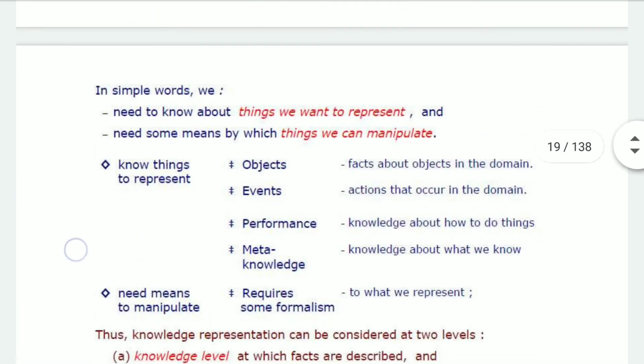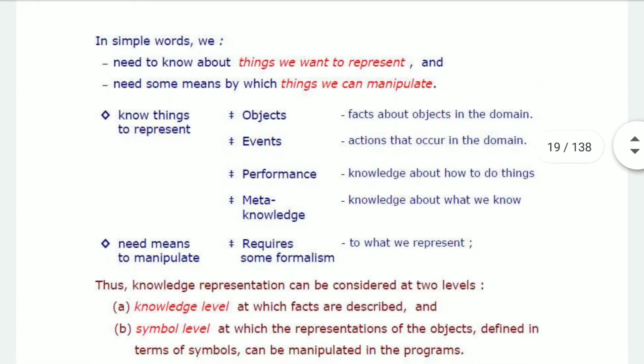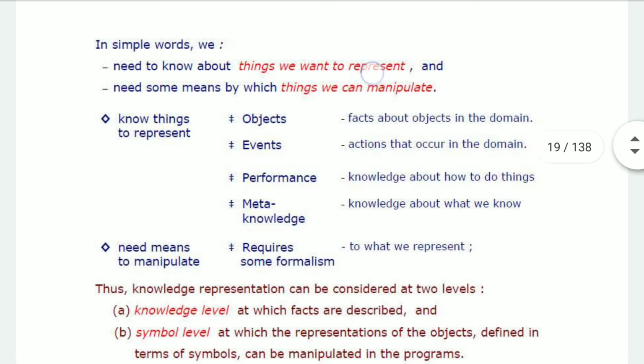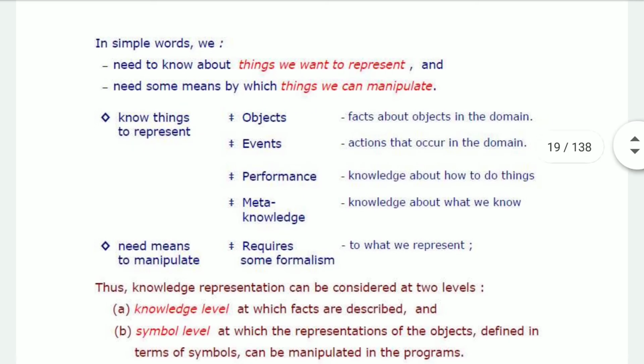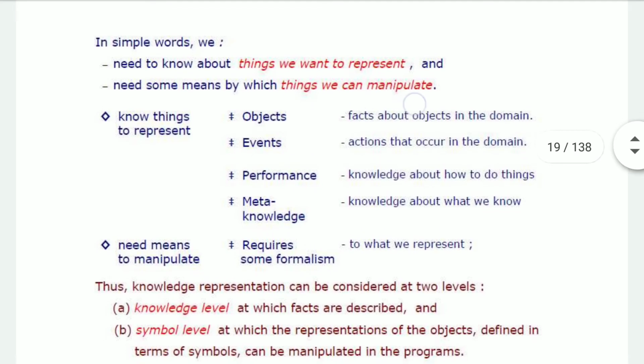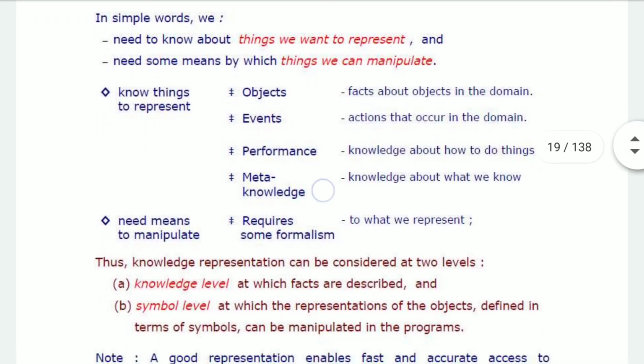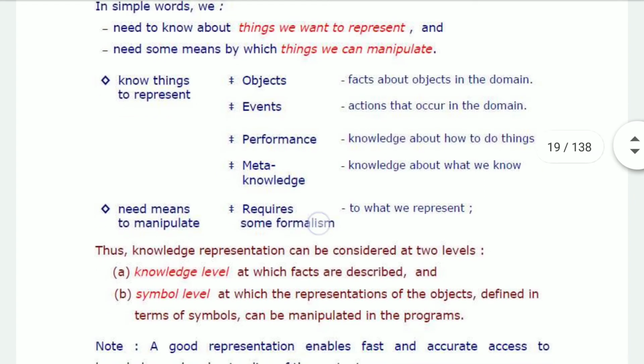So this is over. Now, in simple words, we can say that we need to know about the things we want to represent and need some means by which things can be manipulated. Things to represent are objects, events, performance, and meta knowledge, that means knowledge about the knowledge, and we need means to manipulate, that means it requires some formalism.